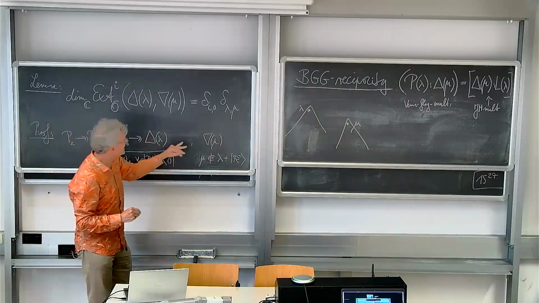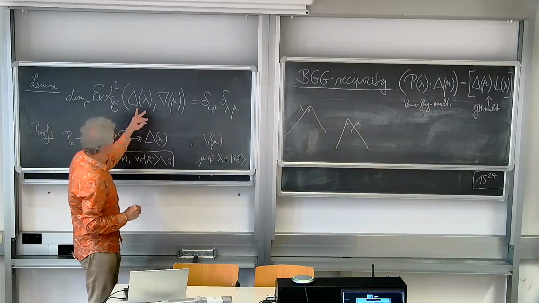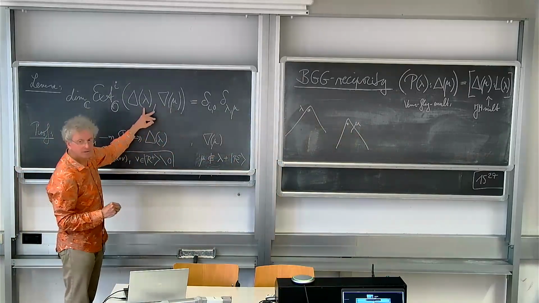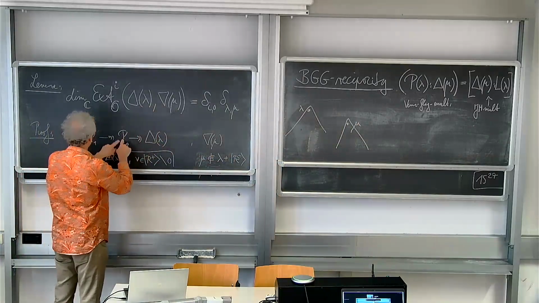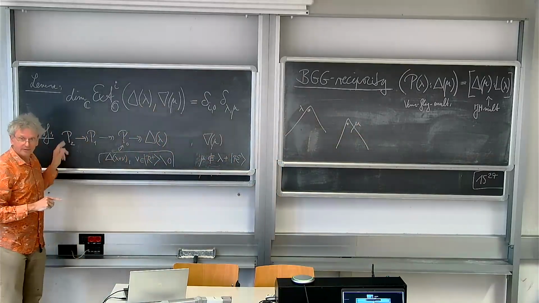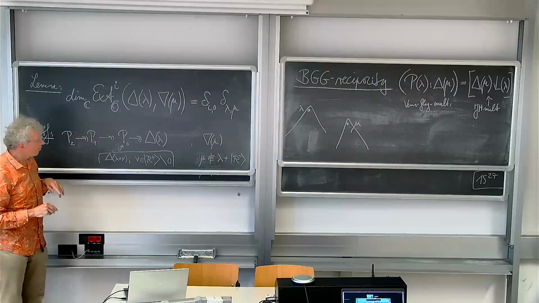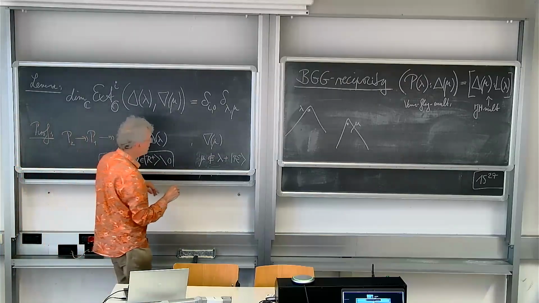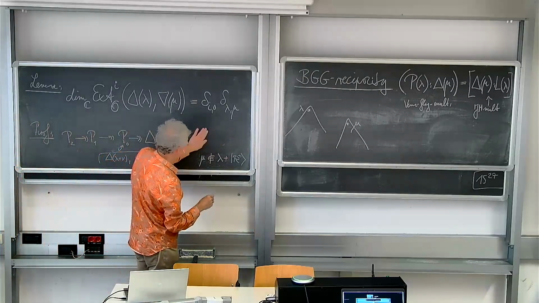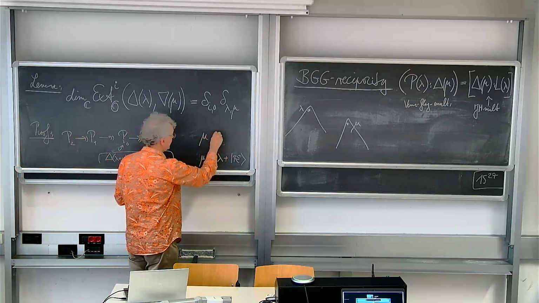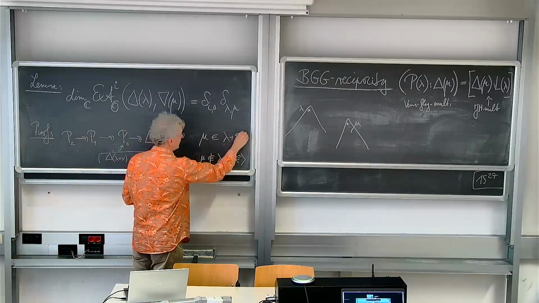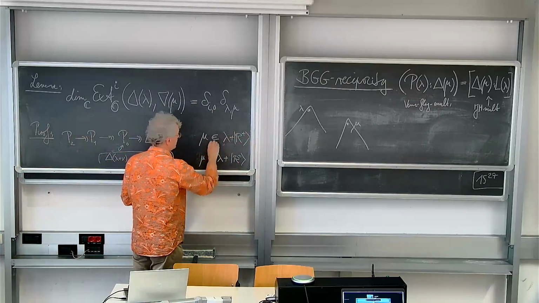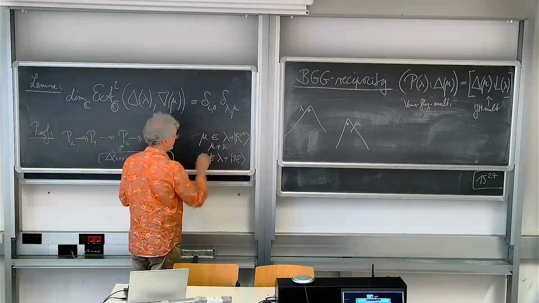If lambda is equal to mu, then there is a homomorphism. So one homomorphism from here to here, and all the others are 0. Now, what if mu is in lambda plus positive roots, and mu is not equal to lambda, say?